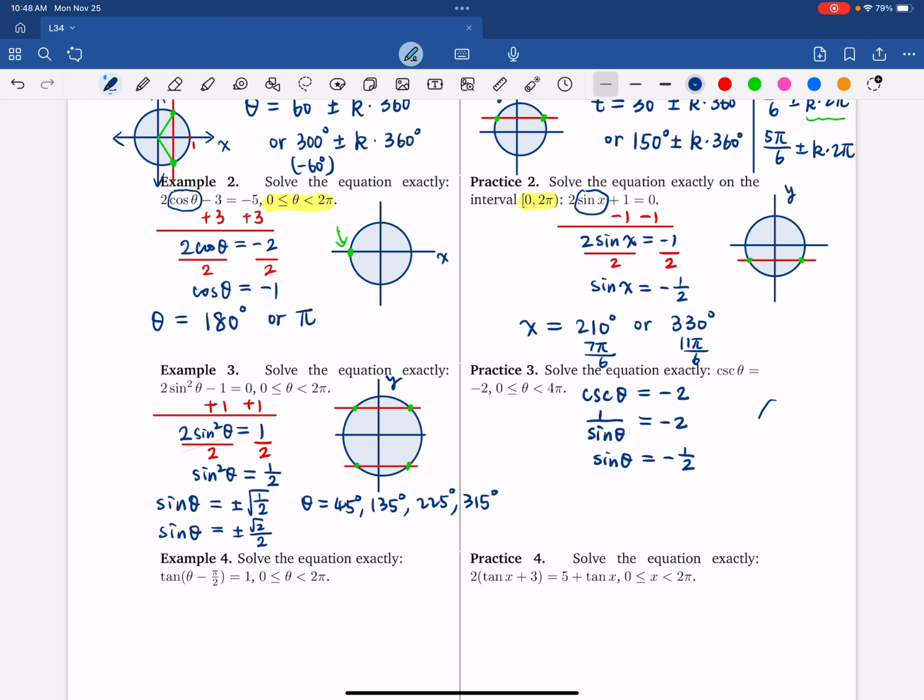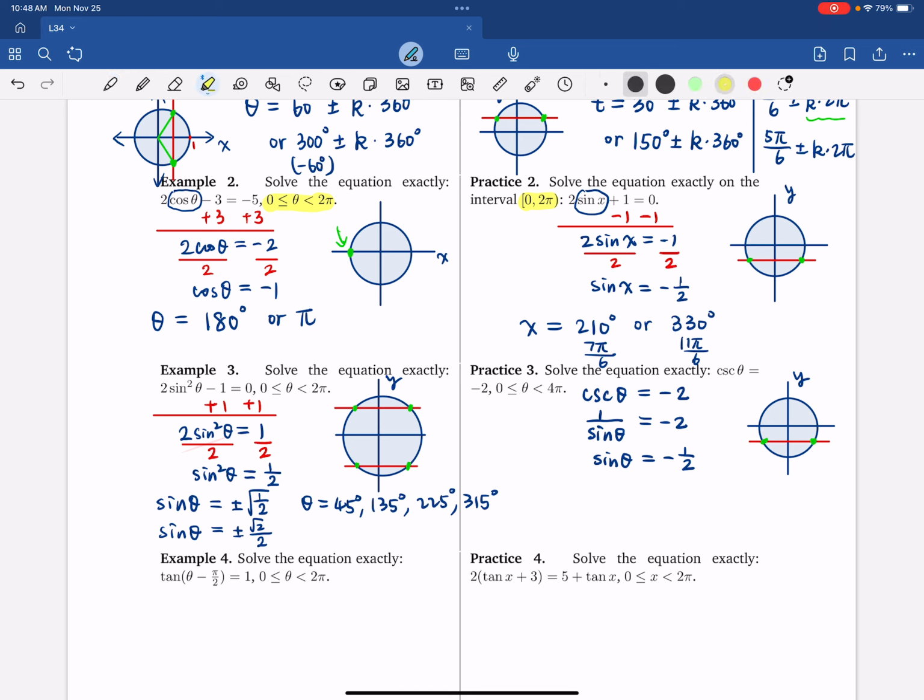And then let's do a visual. So we have a unit circle, and we're dealing with sine. Sine means you're looking at the y-axis, and the value is -1/2. So do a horizontal line. And we have 2 solutions right here. But this time you do have to pay a little bit of attention to the interval.